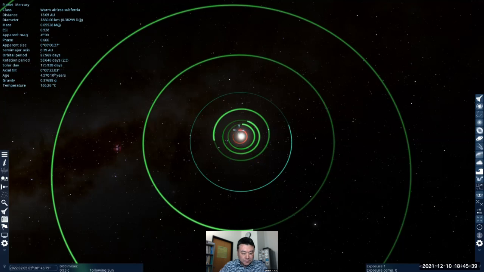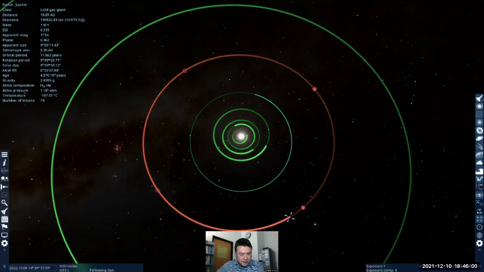Okay, so in this time scale where every second is about half a month, maybe, you can see how quickly Mercury is orbiting, how quickly Venus is orbiting, how quickly Earth is orbiting, how quickly Mars is orbiting, and how quickly Jupiter is orbiting. And I hope you can see that these inner planets are moving faster. It's not just that they completely orbit more quickly, it's that they are also moving faster. Their actual speed is faster.